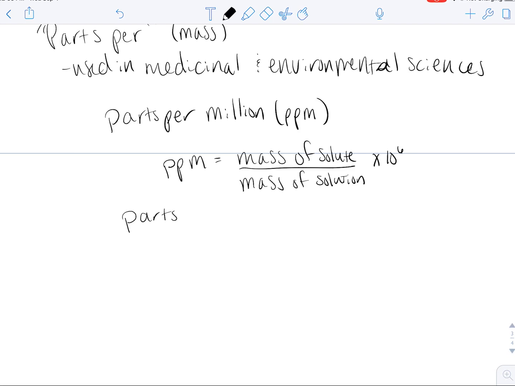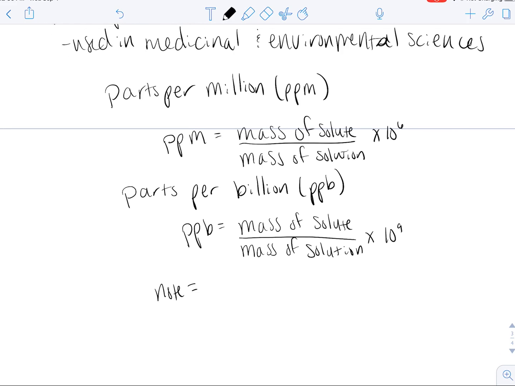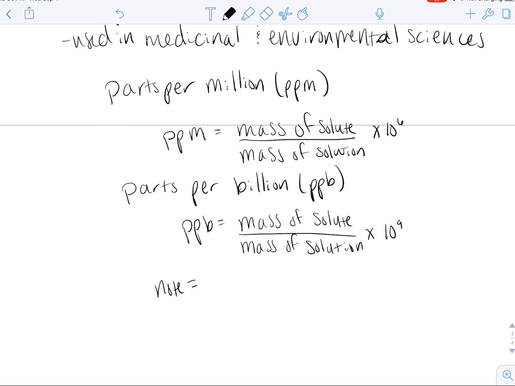Then parts per billion, ppb, is going to be mass of solute over mass of solution, times a billion. Okay, just a note, as long as your masses are the same unit, you can use any mass unit.